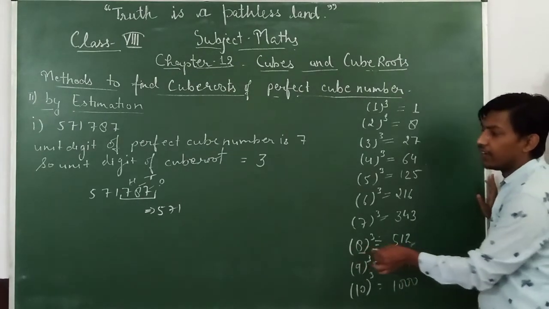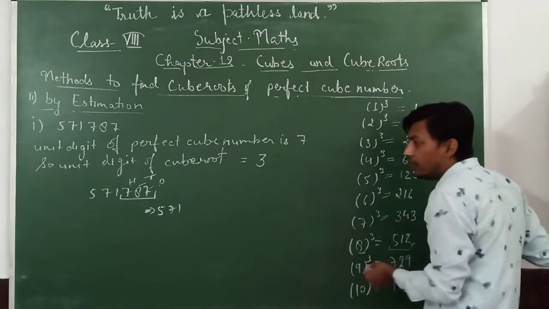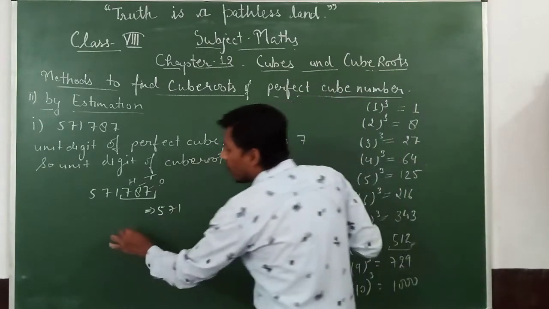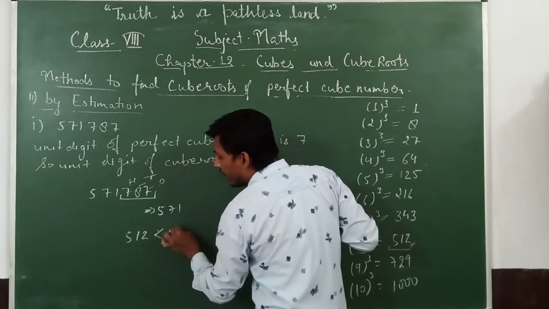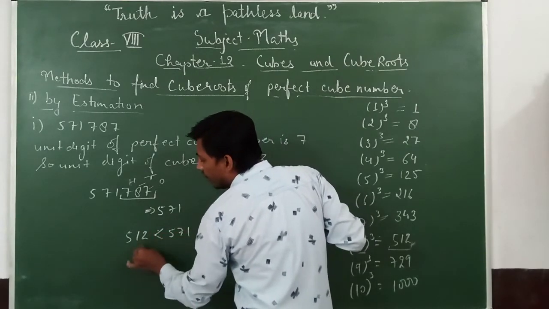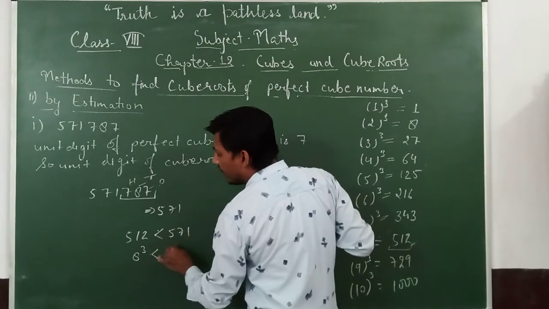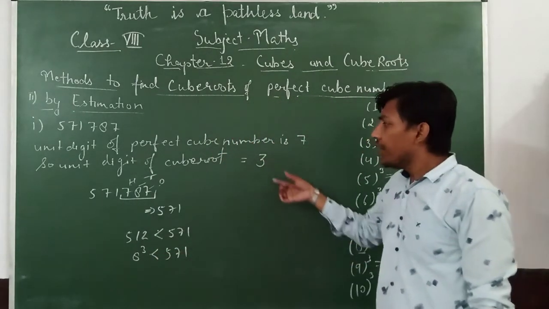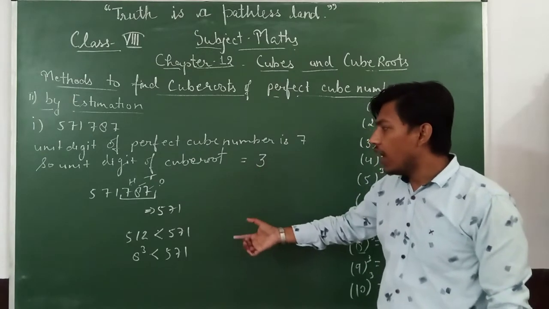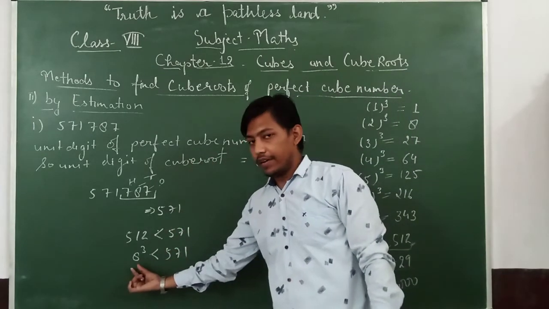We get 8 cubed as 512. So 512 is lesser than 571, and we can say that 8 cubed is lesser than 571. So the remaining digit of the cube root is 8.